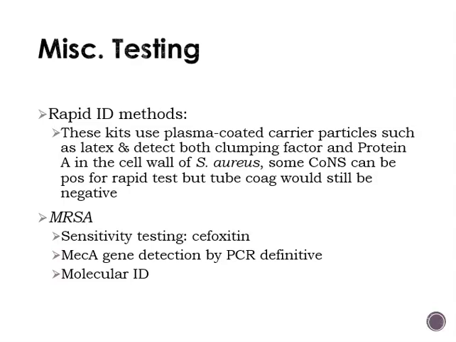Some of your coag negative staphs can be positive for the rapid test, but the tube coag test would still be negative. And for MRSA, we're doing sensitivity testing against the drug cefoxitin or detecting the mecA gene by PCR, which is a molecular test.